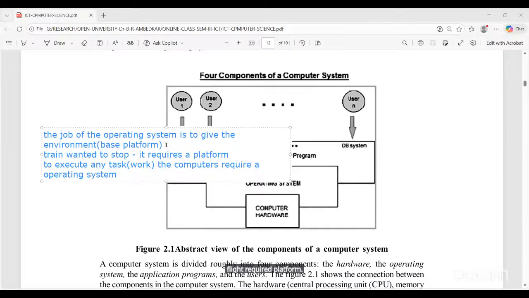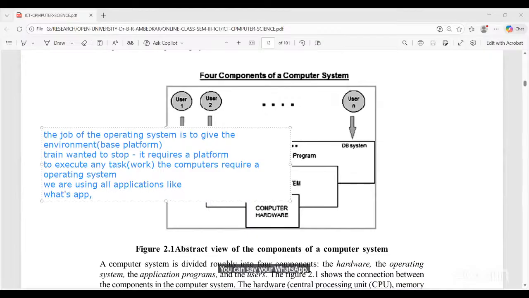In a similar way, the operating system is needed to execute all your applications, like your WhatsApp, your MS Office, etc. These applications require an operating system.